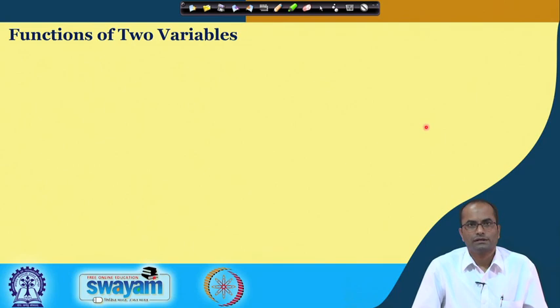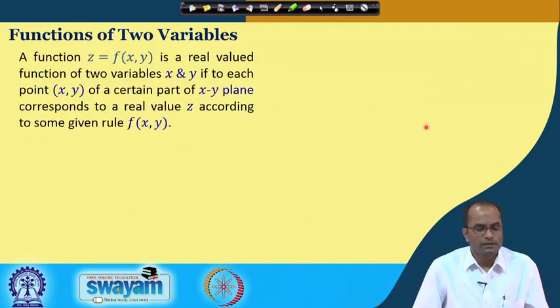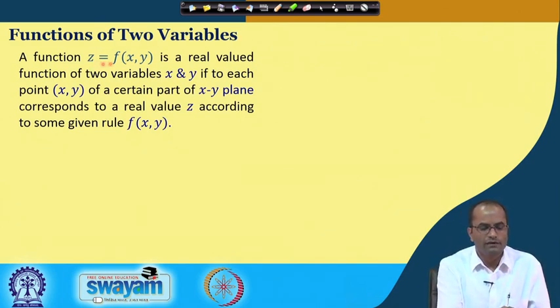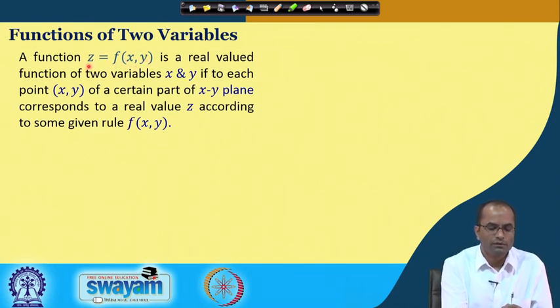So, here first let me introduce the functions of two variables. A function z is equal to f(x, y). It is similar to the function of one variable, where we consider y is equal to a function of x. There it used to be only one variable, but now here z depends on two variables x and y.